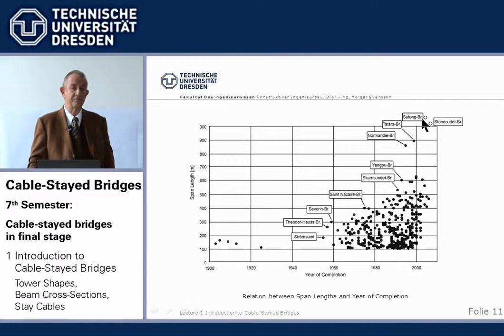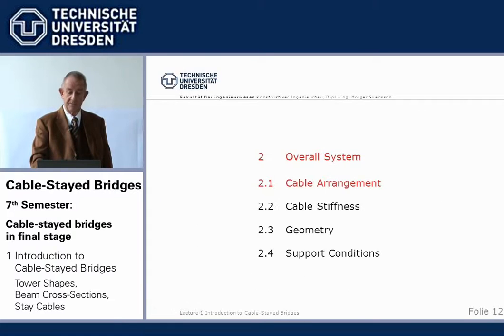All those bridges will be shown in detail during the run of the next year. So you see, it's like an explosion from the 70s, how this bridge system developed in main span length and in numbers.